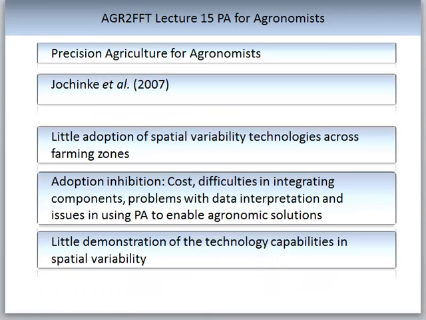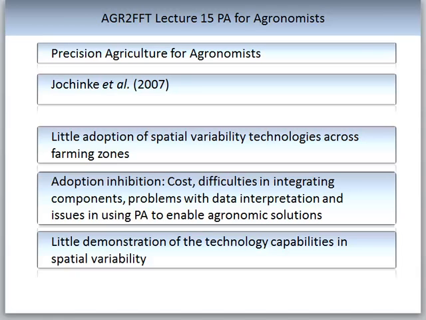This paper went on to further look at the adoption of spatial variability technologies across farming zones, a part of precision agriculture. They found that there was an inhibition to this part of the technology.